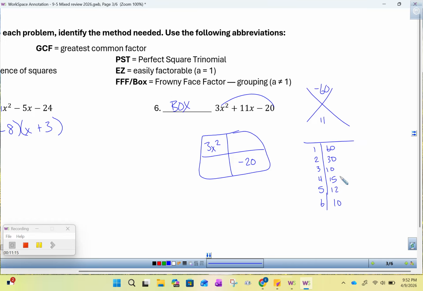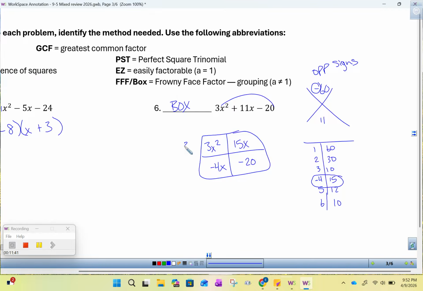And it was the 4 and 15 that worked for us as long as we adjust it to be a negative 4. That takes care of the 60 being negative, because that has to be opposite signs. And when they're added together, we result in a positive. So we've got 15x here and minus 4x.